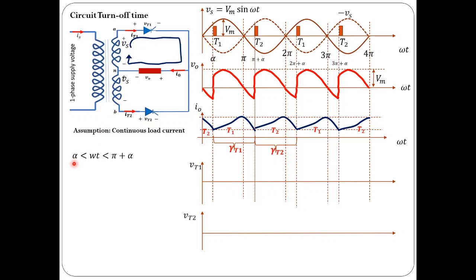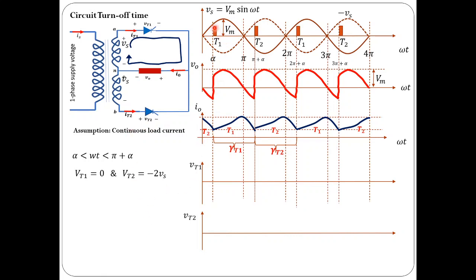For omega t ranging from alpha to pi plus alpha, thyristor 1 is conducting, so the voltage across it is equal to 0. Coming to thyristor 2, you can apply KVL for the outer loop. It is not conducting, so the open circuit voltage across it with the given polarity is equal to minus 2Vs.